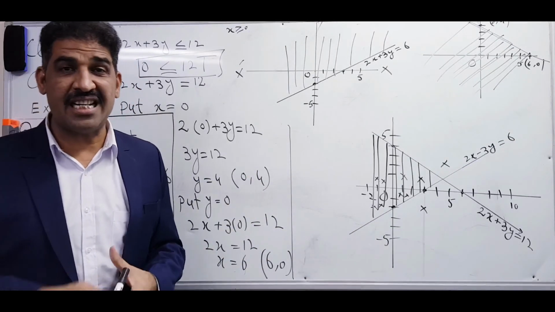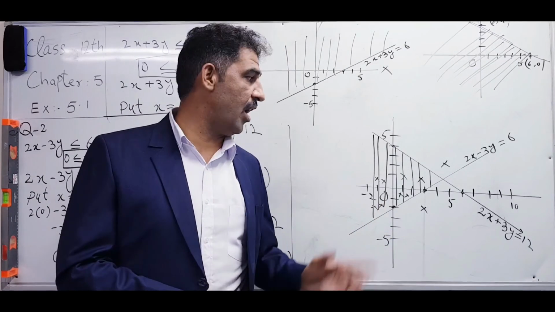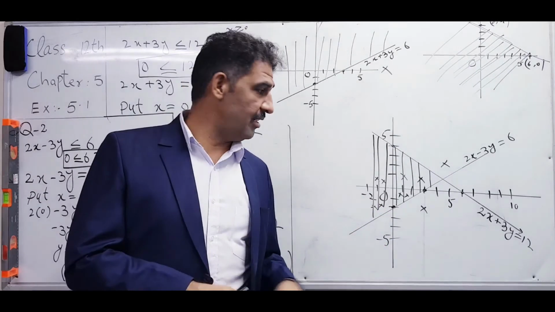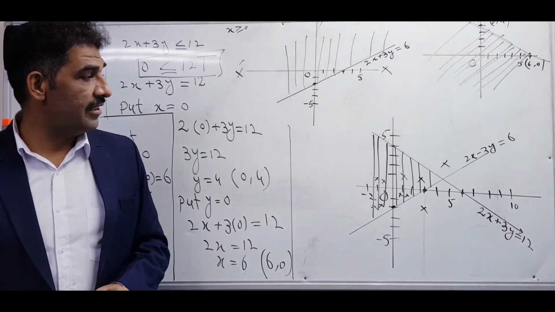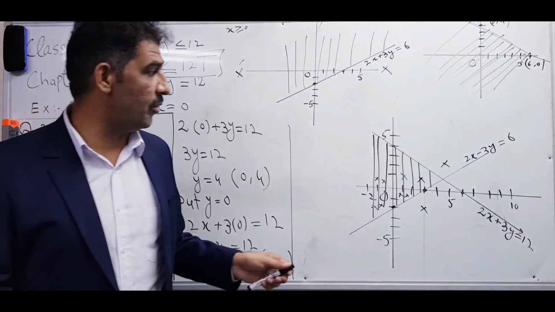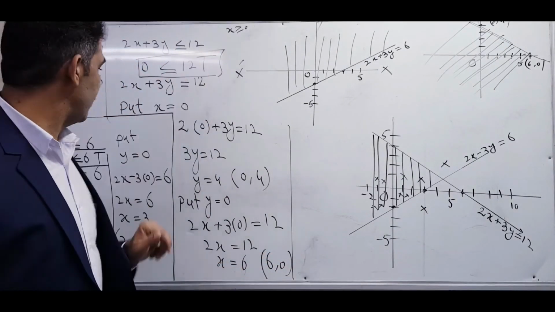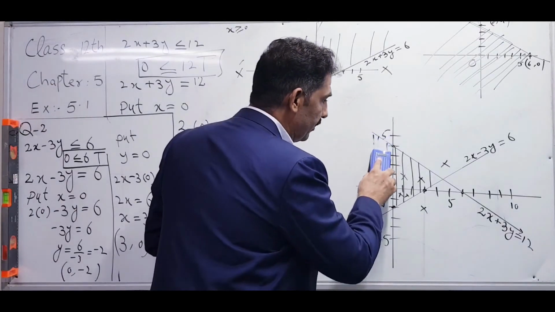Then in the next lecture, we will do 3 lines combined. So first you have to be perfect with 2 lines with x greater than 0 or y greater than 0. Then I will explain the third, because as I told you before, if he gives only x greater than 0, we will remove this portion even though it's shaded.